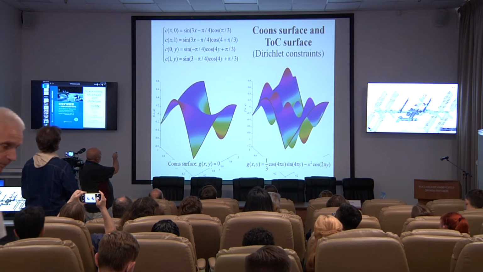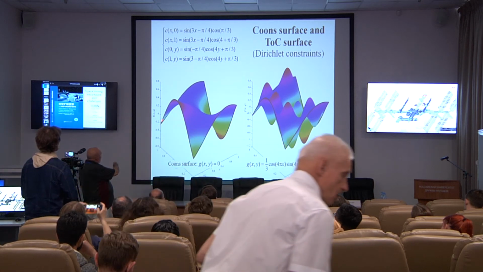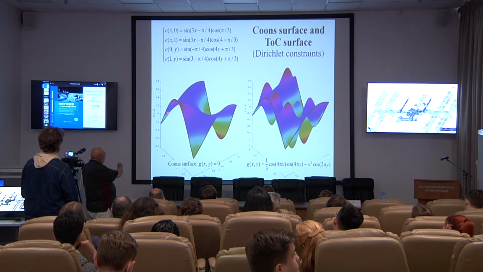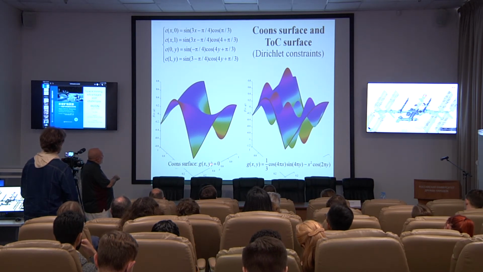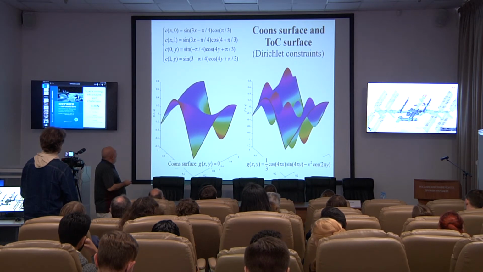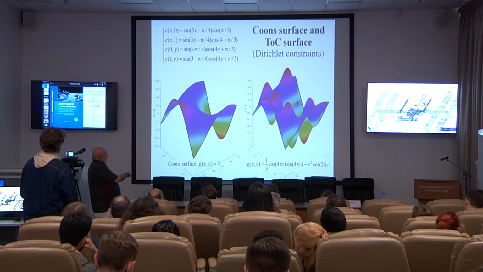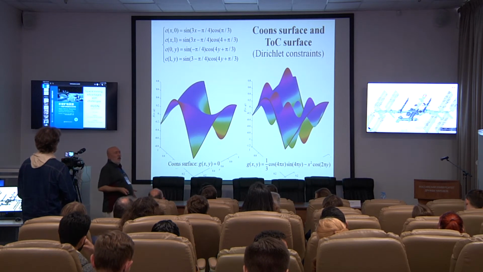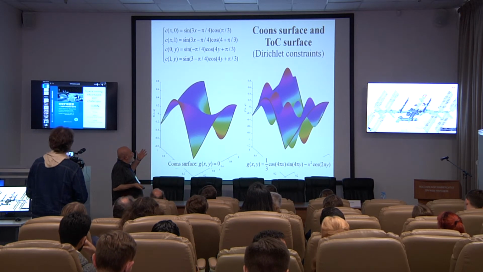We have these 4 constraints here, representing the constraint functions at the edge. If you choose a g of x and y equal to 0, you obtain exactly the Coons surface. Now if you choose any kind of random function in x and y, you obtain a function that is whatever it is, but it always satisfies your constraint.